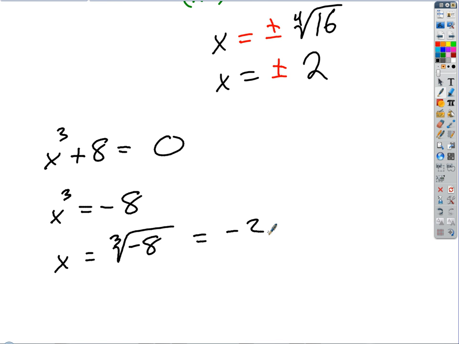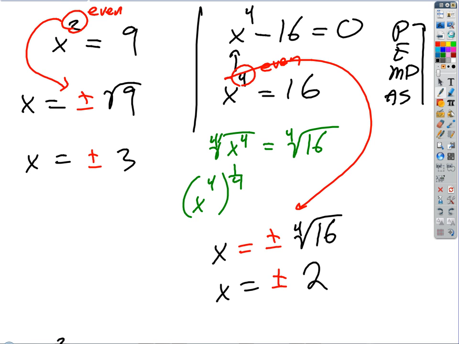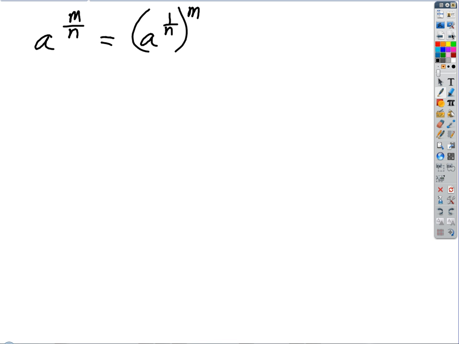No big deal. All right, so next step then. Well, we can also have rational exponents or fractional exponents that have numbers in the numerator. So I can have something like a to the m over n, but I want you to think now what that really means. Think about the properties of exponents and how they relate to that.